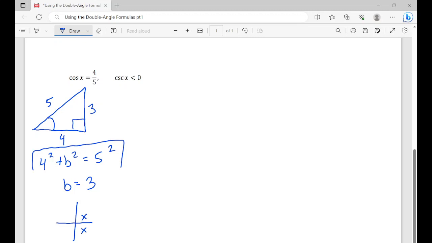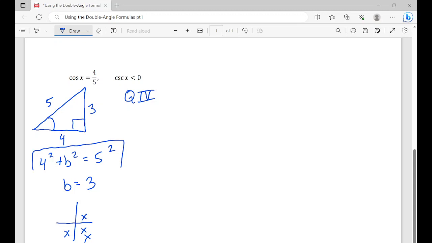Cosecant, being the reciprocal of sine, is negative in quadrants 3 and 4. So, since I know that cosine is positive here and cosecant is negative here, I am located in quadrant 4.